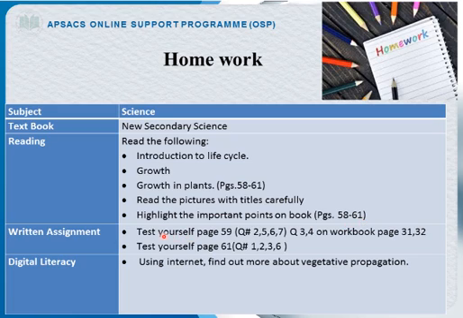Written work of this week: test yourself page 59, questions 2, 5, 6, 7, and questions 3 and 4 on workbook pages 31 and 32. Test yourself page 61, questions 1, 2, 3 and 6. And digital literacy: use the internet to find out more about vegetative propagation.